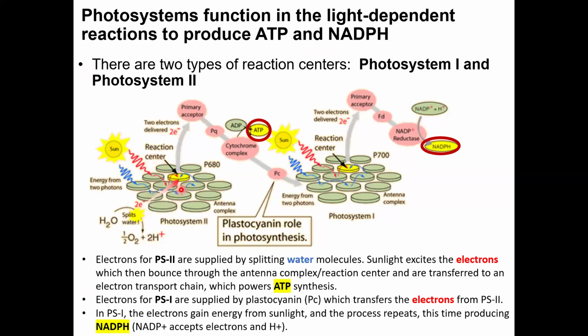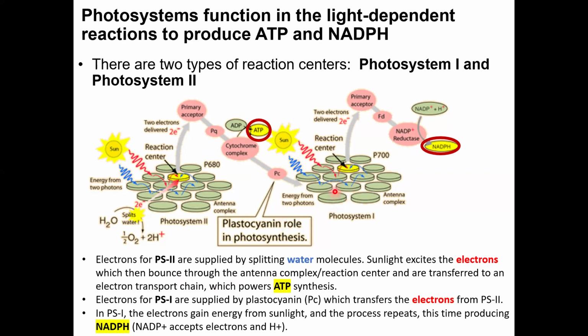In photosystem 2, the electrons are supplied by splitting water molecules, whereas sunlight excites those electrons, which bounce through the complex and are transferred to an electron transport chain, which powers ATP synthesis.